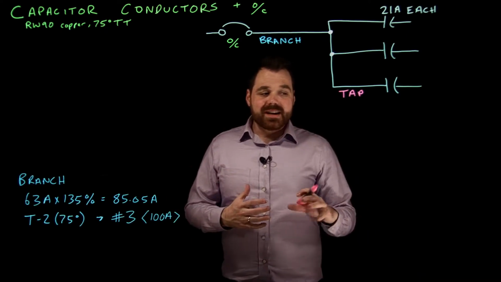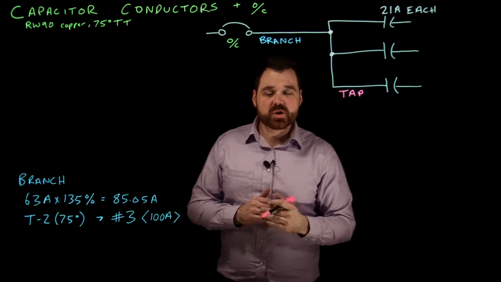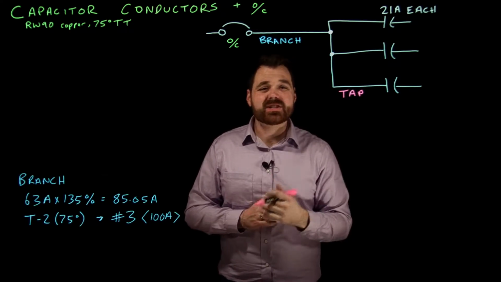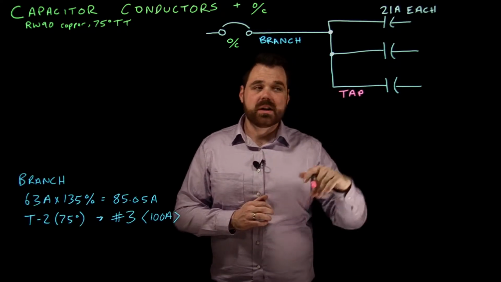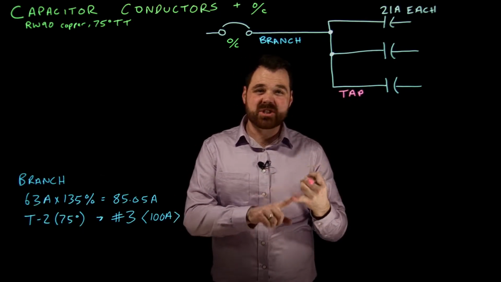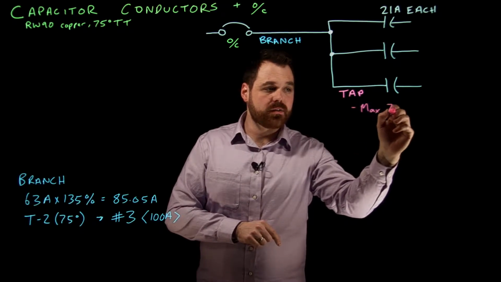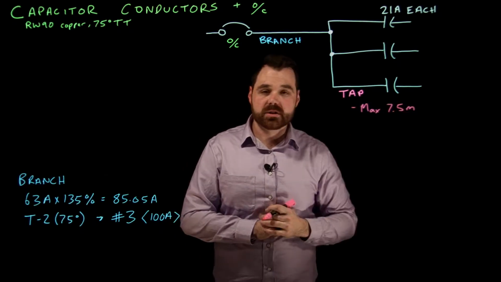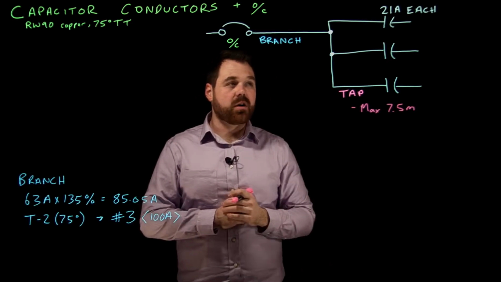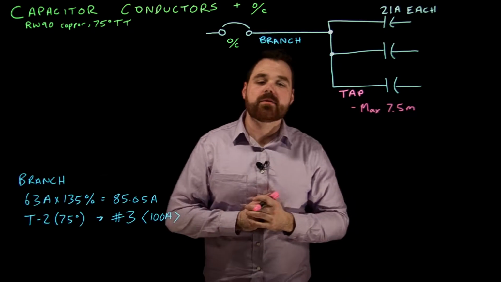Now as we get into sizing the tap conductor, we have a couple more requirements to meet. So we go into 26.208 Sub-Rule 2. It says where you are doing a tap conductor, they have to be a maximum of 7.5 meters long. So taps are max 7.5 meters. Let's say for argument's sake here, they're less than 7.5 meters, they're 3 meters or whatever it is.